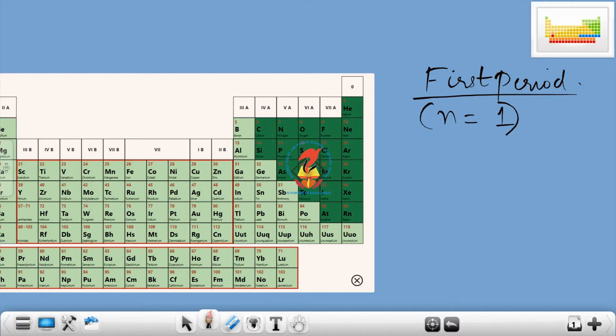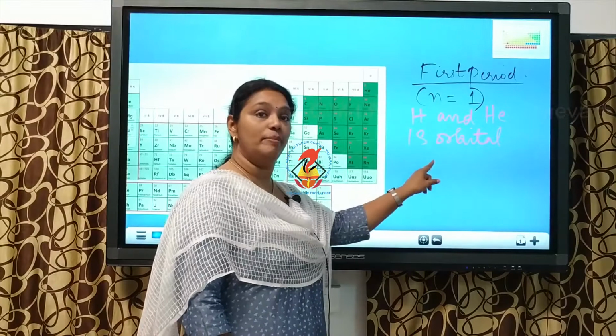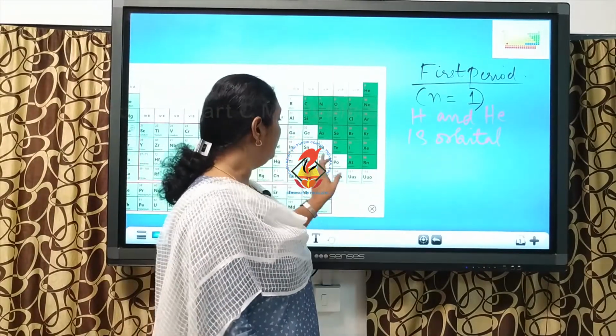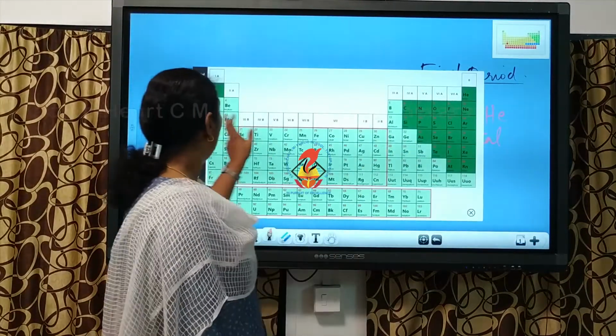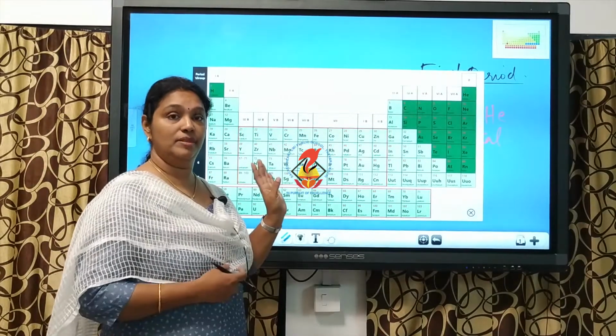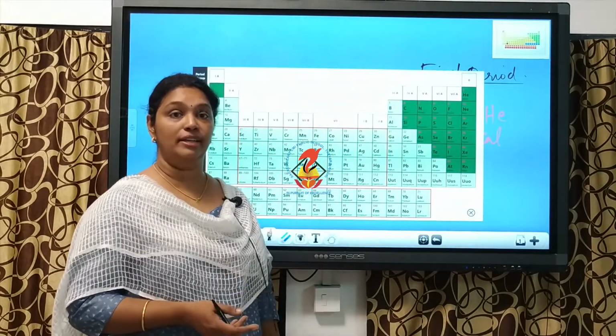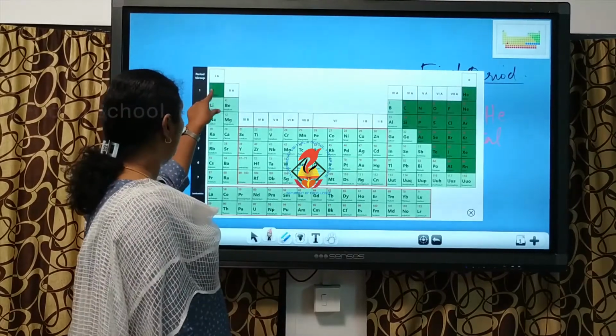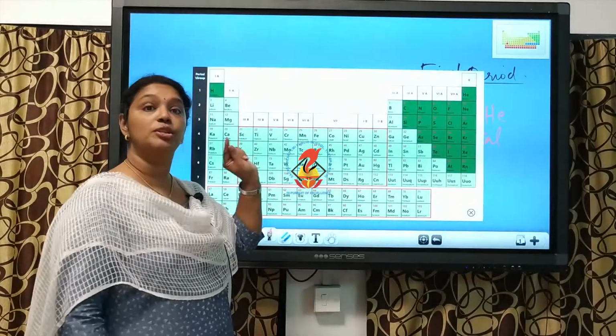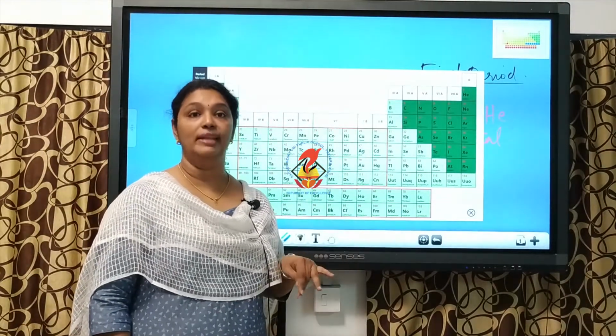So only 2 elements in the first period, hydrogen and helium, and the 1s orbital gets filled in these elements, since n is equal to 1. You know the electronic configuration of hydrogen. Hydrogen atomic number is 1, so that one electron enters the lowest energy level, 1s.